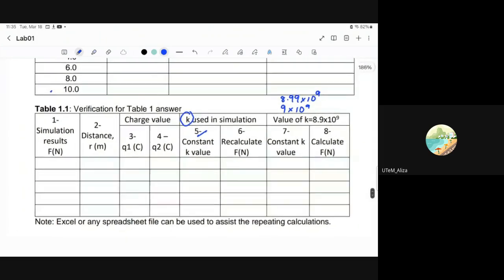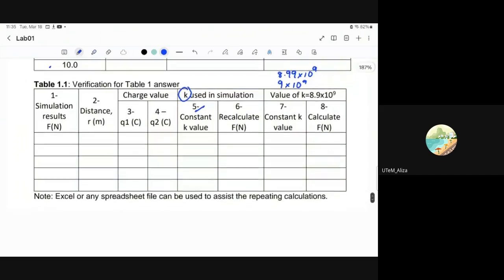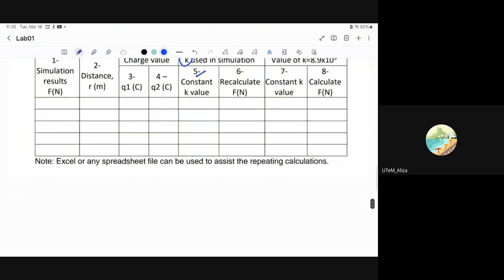So you need to rearrange, isn't it? The equation just now was F equals K Q1 Q2 over R squared, right? And now you need to find K. So you need to do some rearrangement.